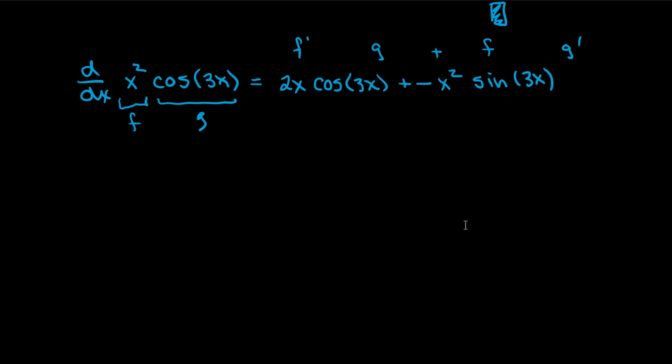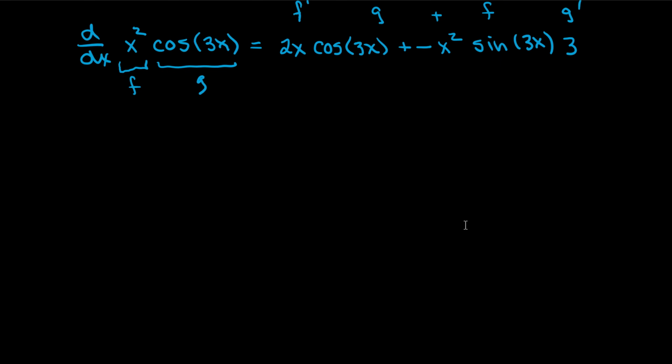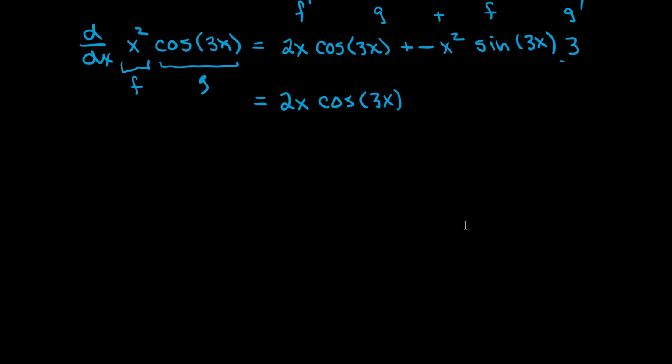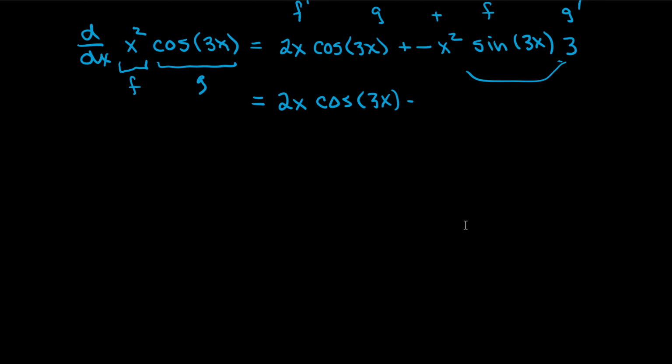Then I take the derivative of the argument inside, in other words, take the derivative of 3x, which is going to give me a 3. I can rearrange this a little bit, and this becomes 2x cosine of 3x. I'm going to bring this 3 up front, and it's going to give me a negative, because I have plus and minus, 3x squared sine of 3x, and there you have it.